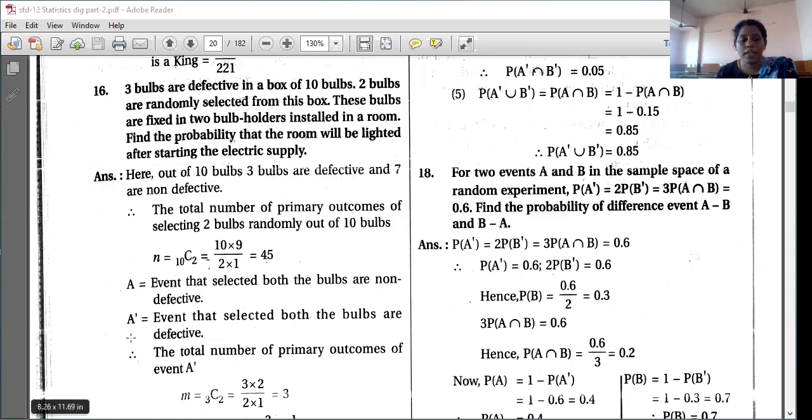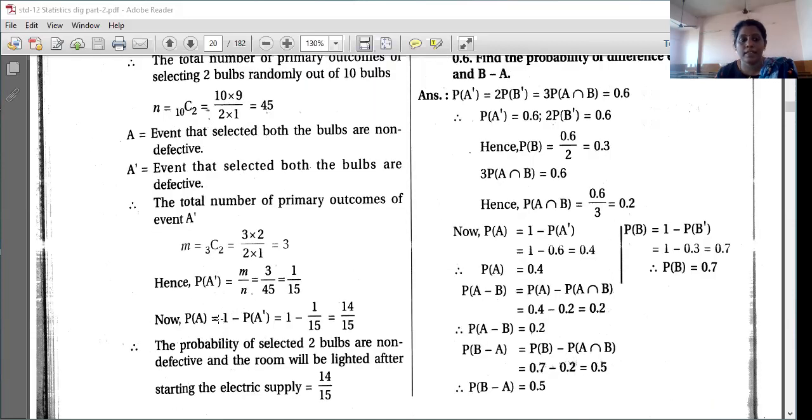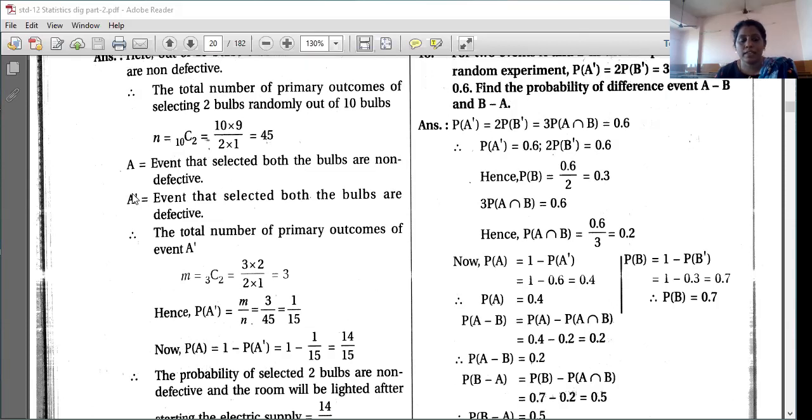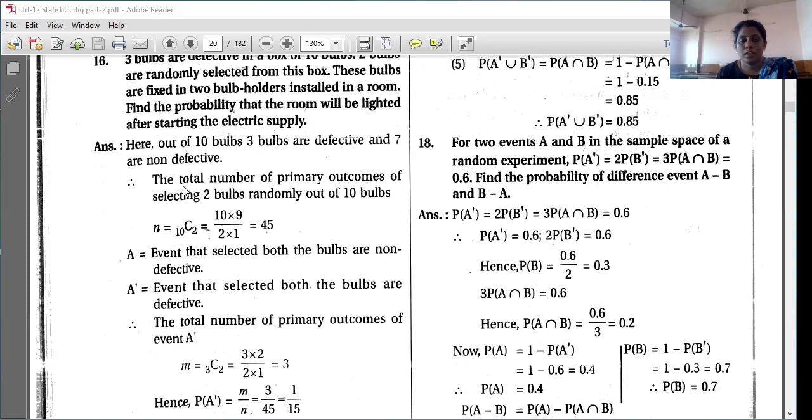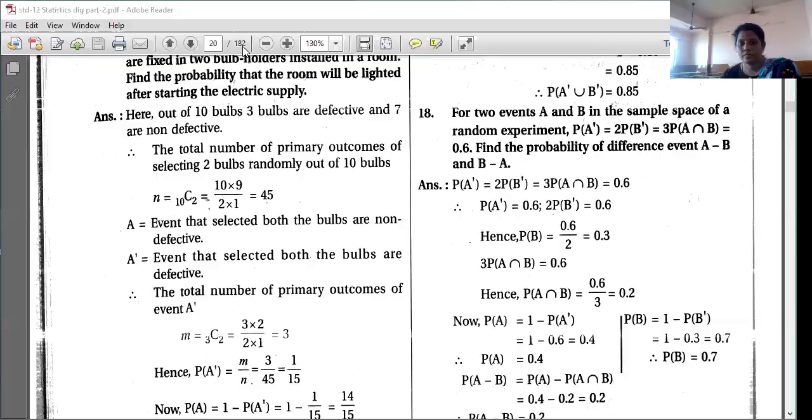Now A dash is the event that both the selected bulbs are defective. If you write A directly, then also your answer will be right only. So here A is the event that both selected bulbs are non-defective.